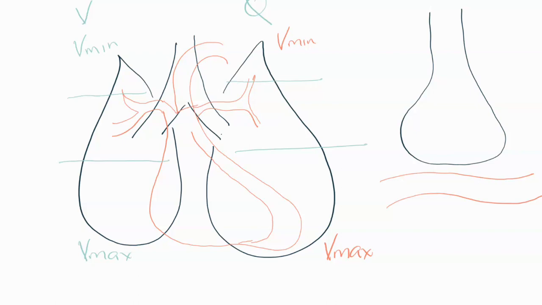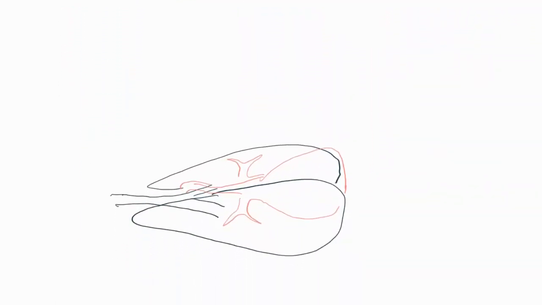What happens with a change of posture? Let's look at a supine lung. This time things are a little bit different. If we look at ventilation, in fact, there is no great difference in terms of the regional variation.